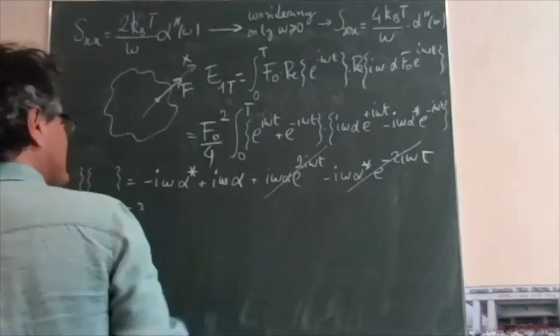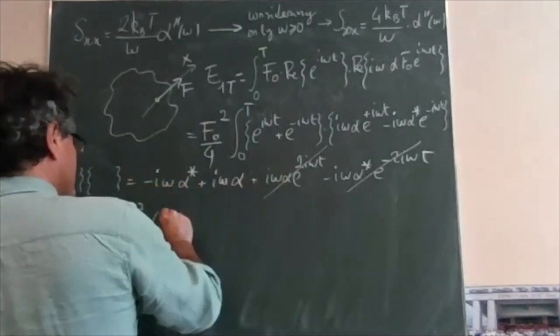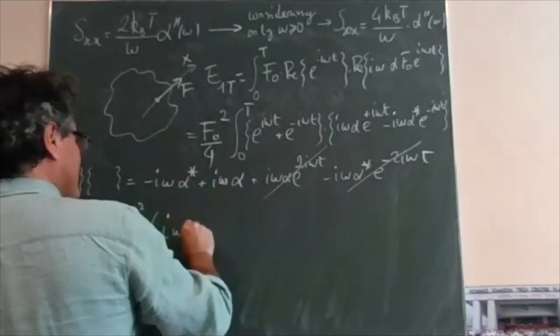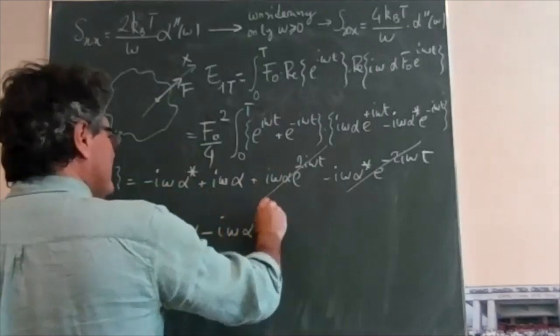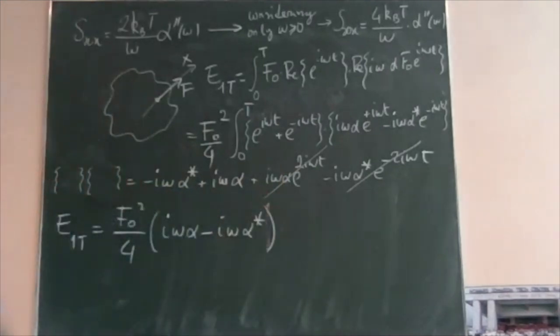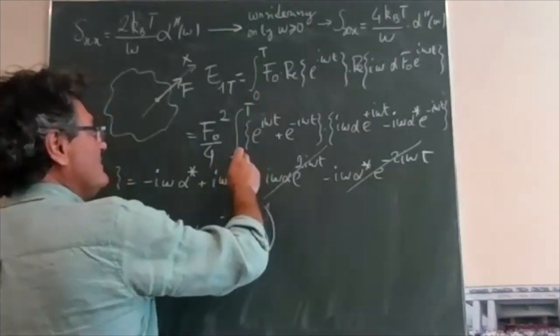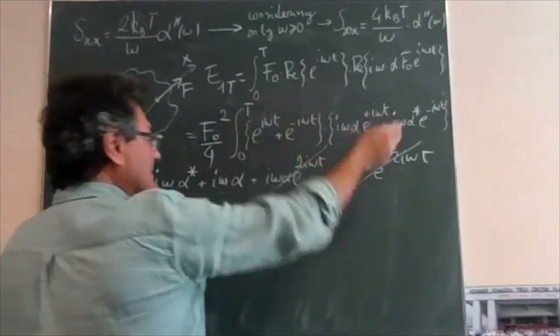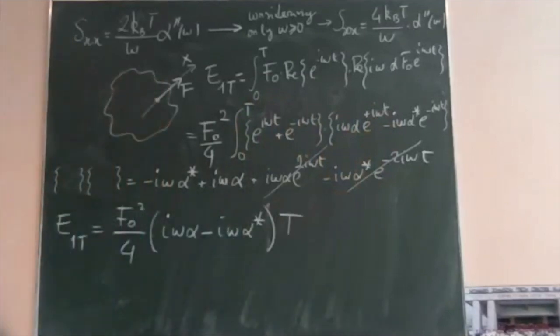This goes out of the integral, so this is i omega alpha minus i omega alpha complex conjugate. And then the integral from 0 to T of dt is just the period T. That's fine.